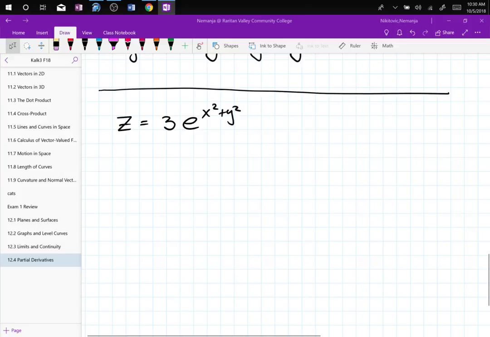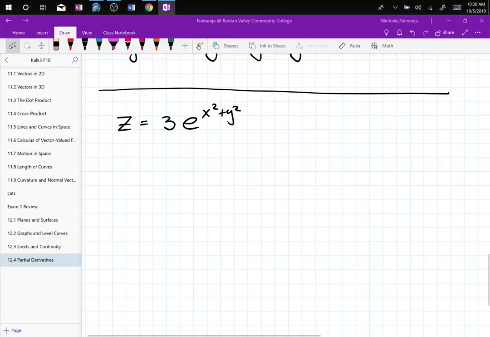Symmetric functions are those that if you swap every x for y and every y for x, you get the same thing back. So a function x squared plus y squared is symmetric. Function x squared minus y squared is not symmetric, because subtraction you can't swap.